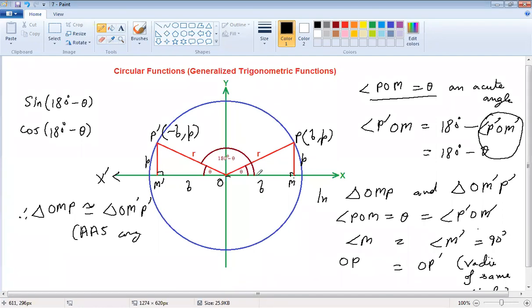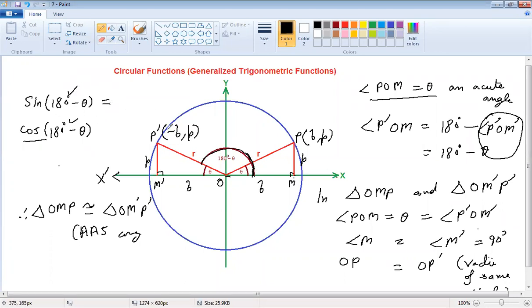Now for the angle, I have again and again told that whenever we want to take the sine ratio, cos ratio, or any trigonometric ratio of an angle, that angle is measured from the positive direction of x-axis. So from the positive direction of x-axis, this much angle is 180 degree minus theta.